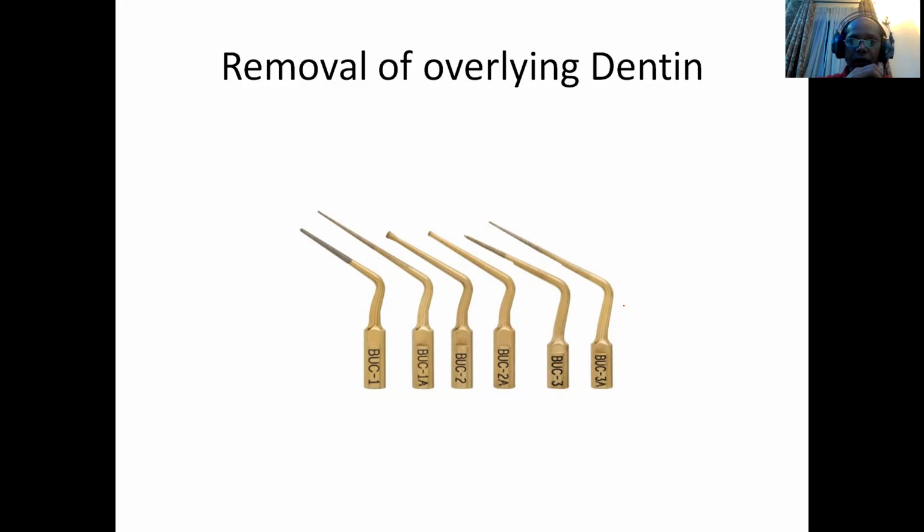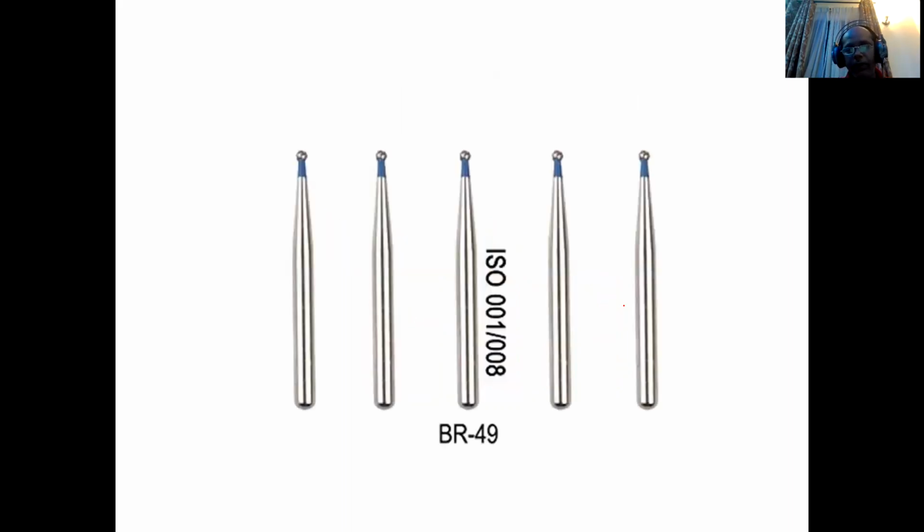So avoid the use of the burr. These ultrasonic tips are very effective, commonly available and can be used. There are different uses of these tips in endodontics. One of these uses is that you can explore the MB2 canals.